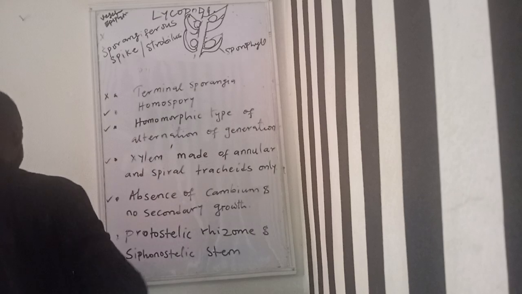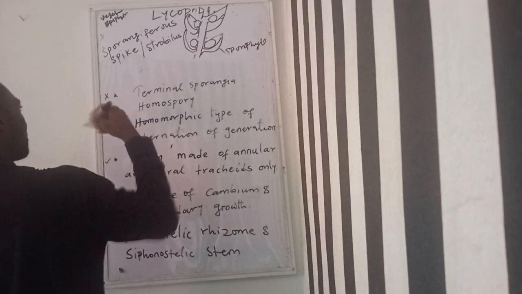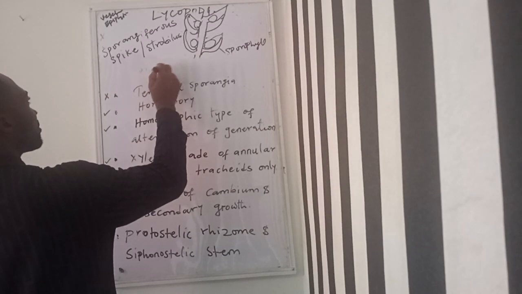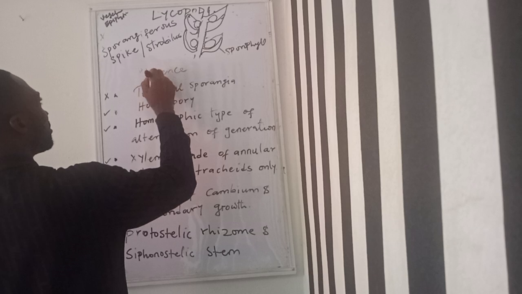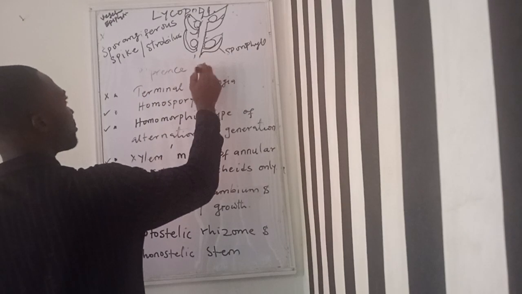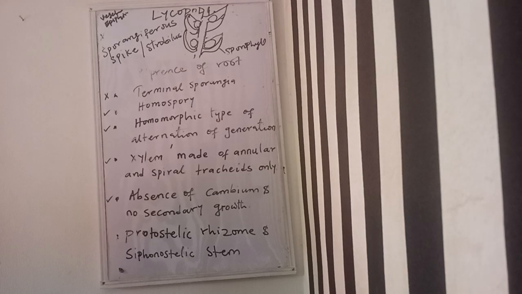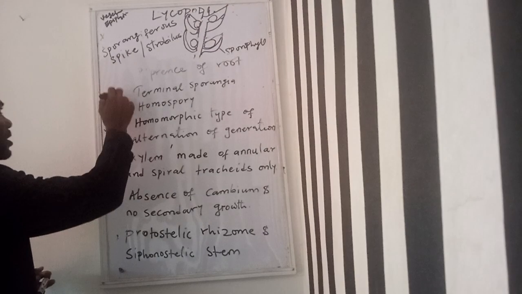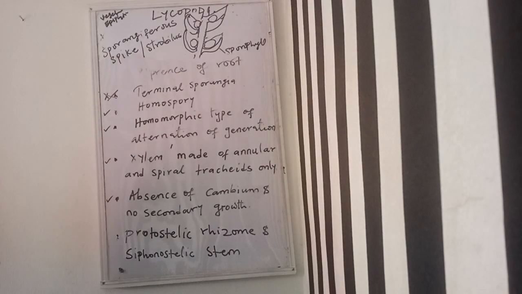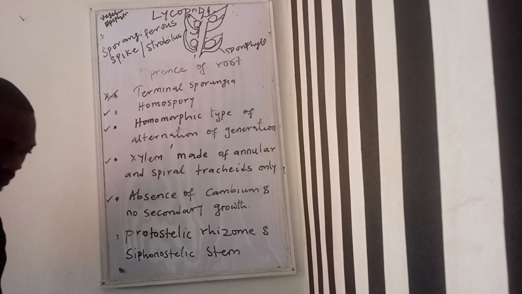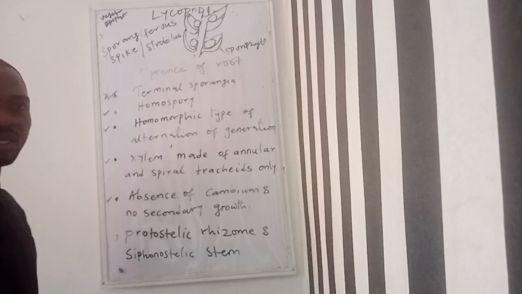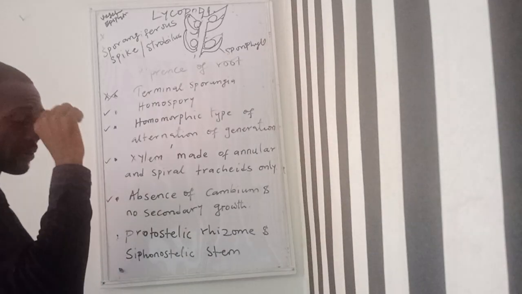So roots are found here. Then, I've talked about terminal sporangia. In Lycopodium the sporangia are borne on the sporangiferous spike and by extension on the sporophyll.